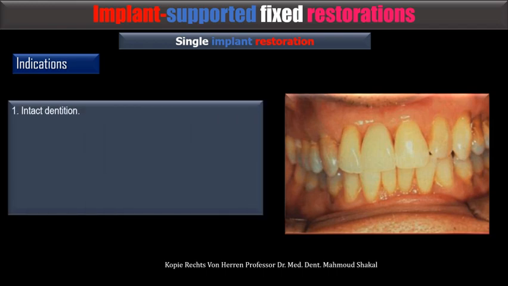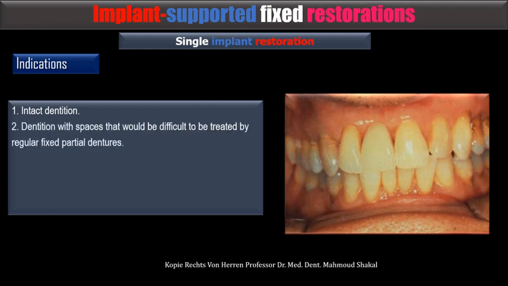So it is used in case of intact dentition, I mean the neighboring teeth, and dentition with spaces that will be difficult to be treated by a regular fixed partial denture, like if you're having a diastema.